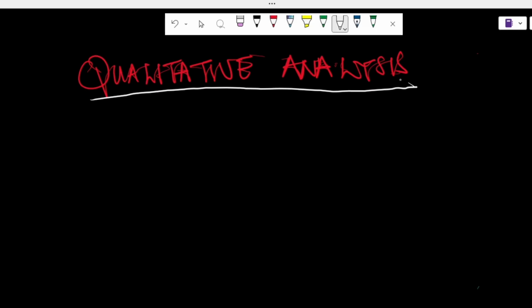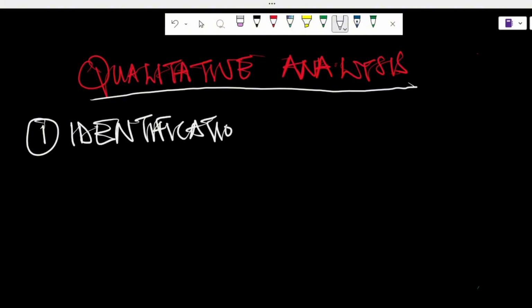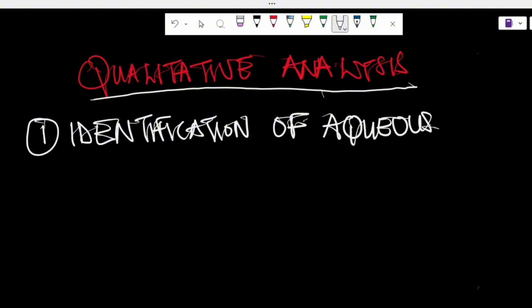Now, the next thing that we want to talk about is qualitative analysis. Under this particular theme, what we want to discover is how to identify the aqueous cations.